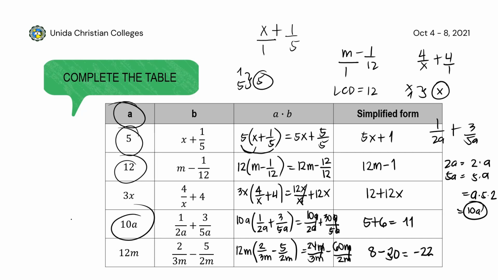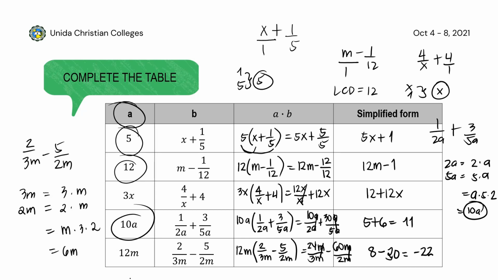Next, lastly, proceed tayo with our last row, no, which is si 2 over 3m minus 5 over 2m po. So, 3m at saka 2m. And then, get the multiples. 3 times m, 2 times m. Ano yung same na multiples? Si m lang po, and then multiply it to the rest. So, this will be 6m.